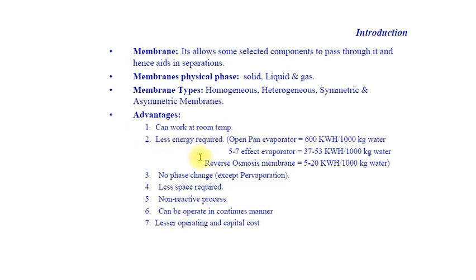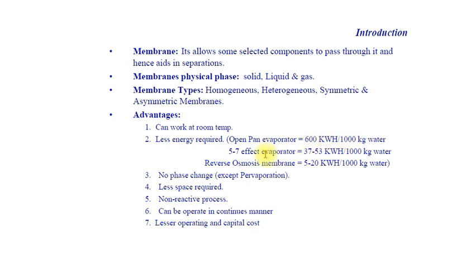The second advantage is less energy requirement, because membrane based technologies work at room temperature, so they require less energy. This is the comparison between evaporation for water purification and reverse osmosis. If you do open pan evaporation for water purification, the energy requirement is 600 kilowatt per 1000 kg of water.